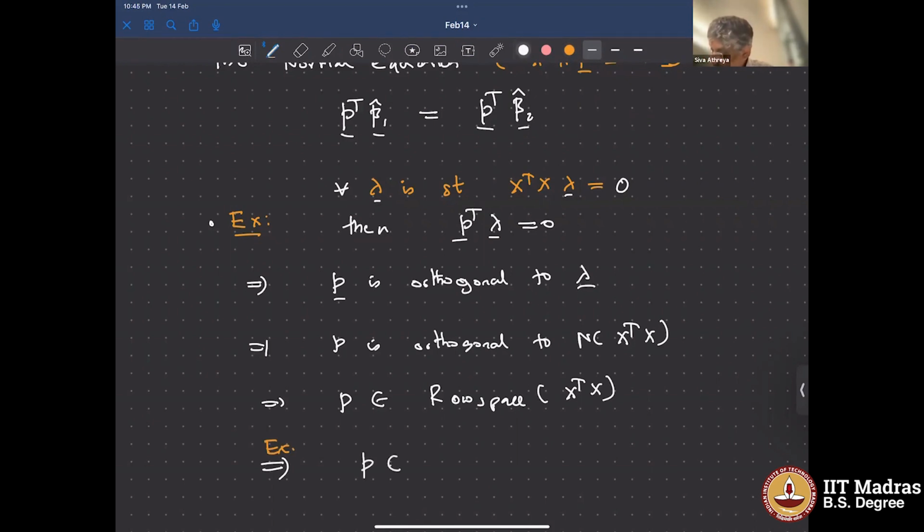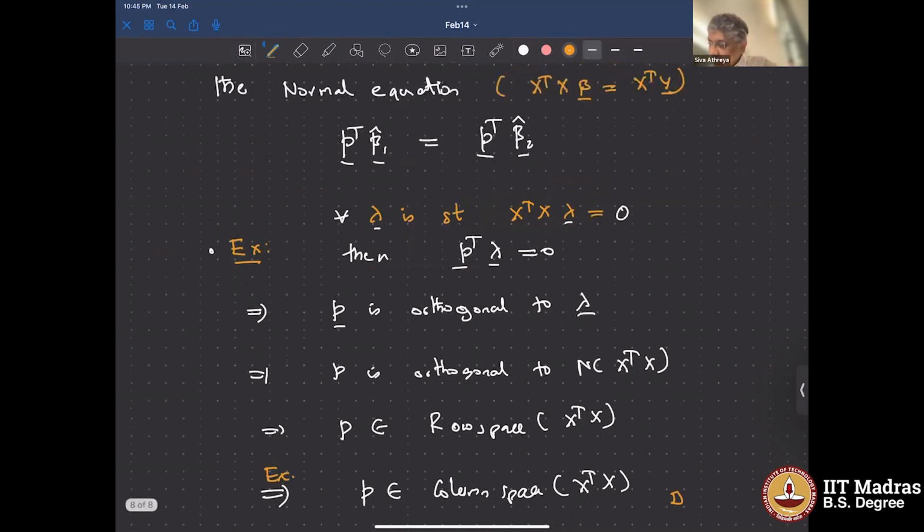So P belongs to the column space of X transpose X. Right. So I've used some heavy duty linear algebra to show this. Quite cool.